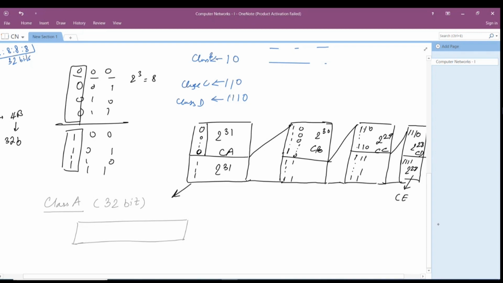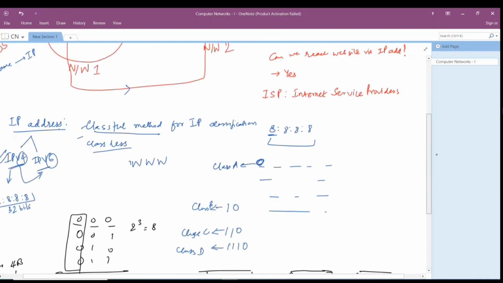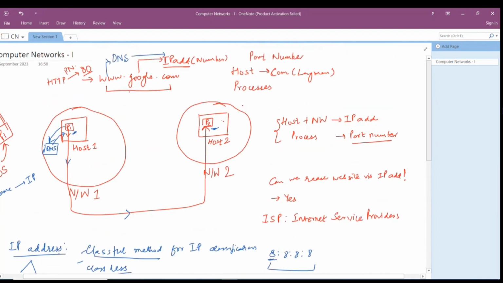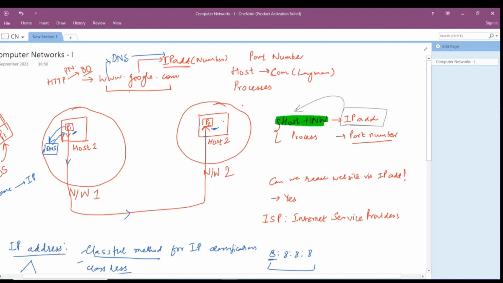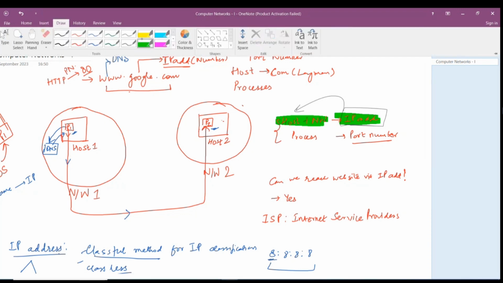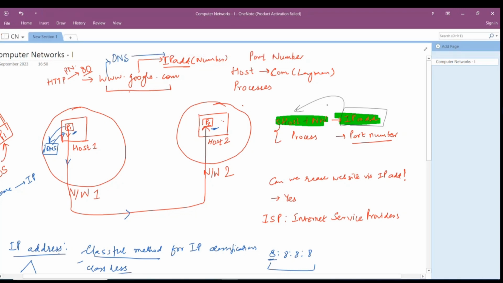So in the starting of the discussion, we started with the idea that an IP address can be used to identify host as well as network, right? So how is it possible? Actually, any IP address which you have is made of two parts.